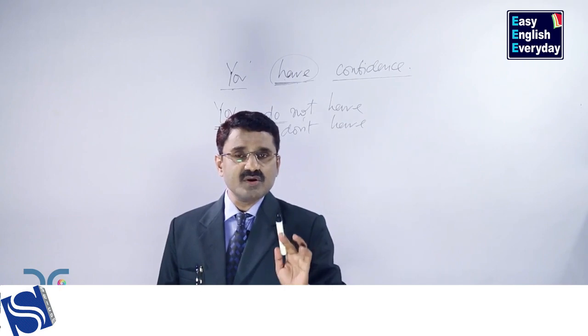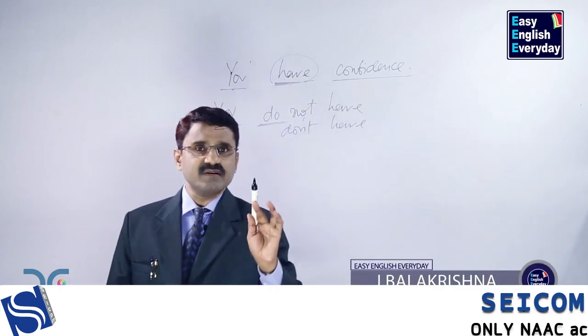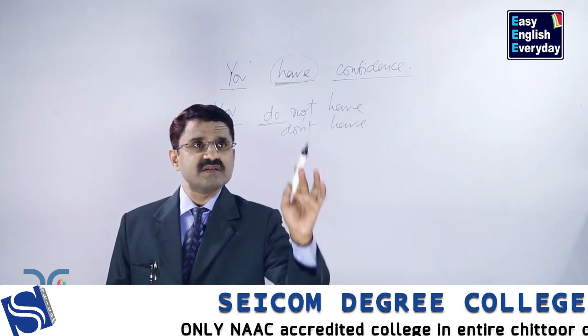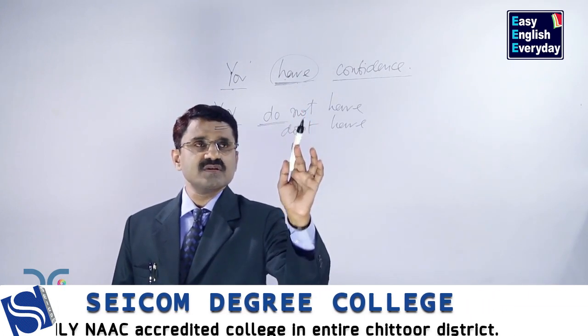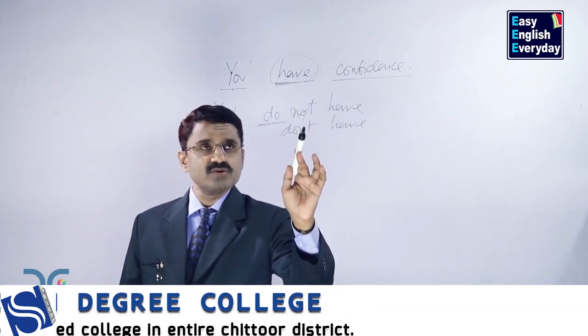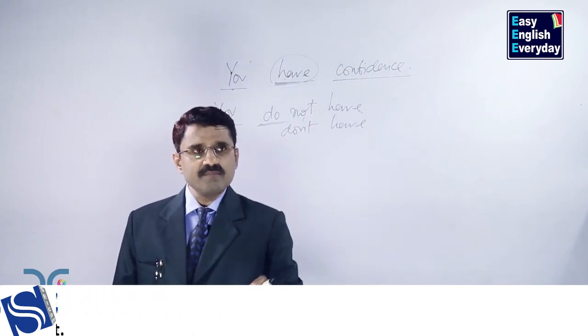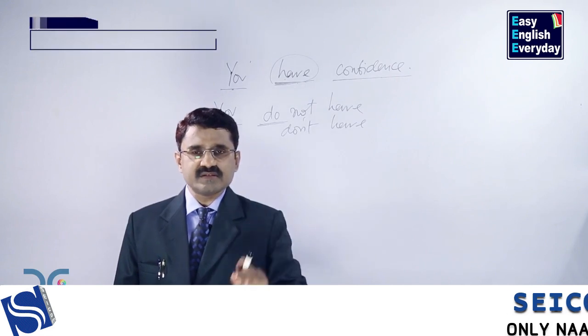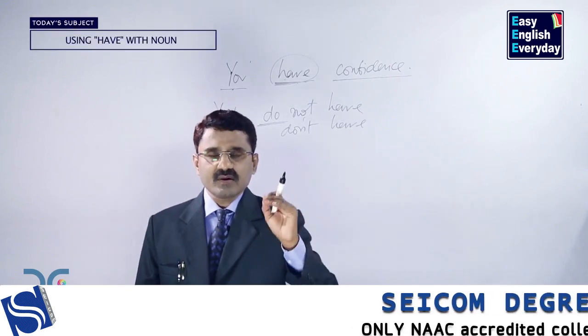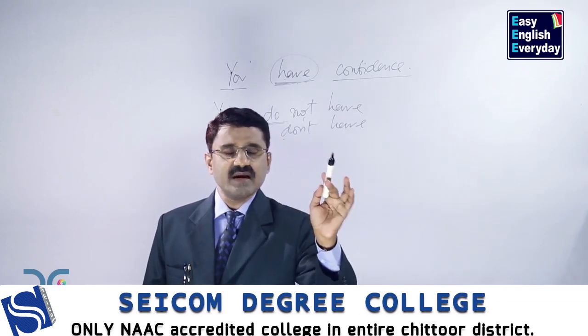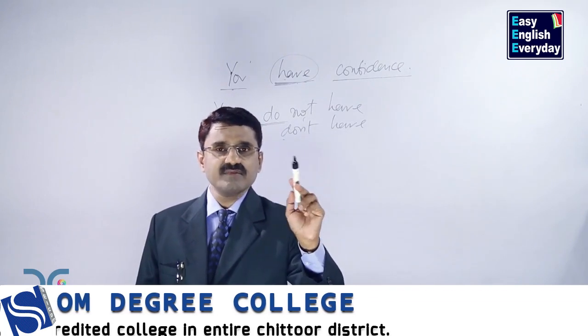Do not disturb the tense. So don't use does, don't use did. Have, don't have. One whole day, keep on repeating it. Sit in one corner, close your eyes and meditate deeply. Have, don't have.